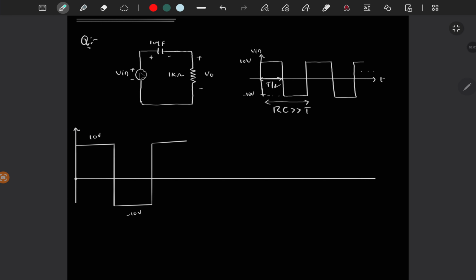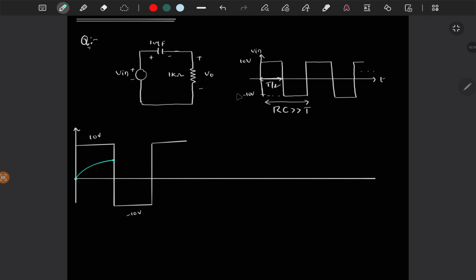In the last problem, the capacitor reached the complete input voltage, but this time, since T by 2 is very low, I am assuming this is very low compared to the 5 time constants of the circuit. That means it is not reaching 10 volt, so it may reach some other value, right?